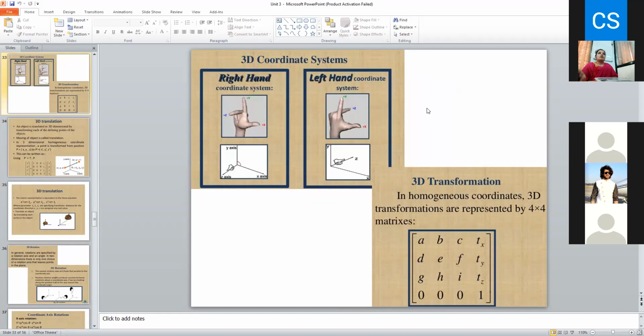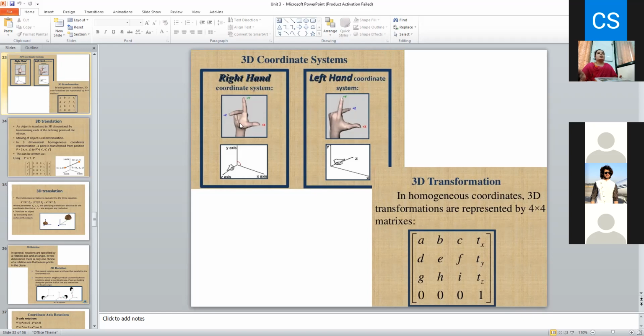So the 3D coordinate system is represented with the right hand, as shown here in the figure. When I am stretching my thumb, forefinger and middle finger, which are making 90 degrees with each other, you can see the angle between every 2 axes is 90 degrees. Here is the direction which is moving away, right?